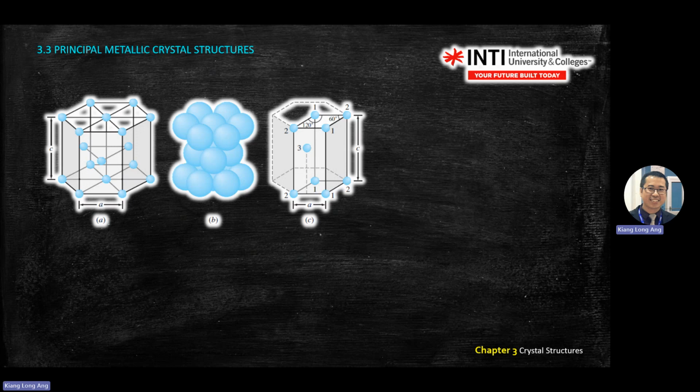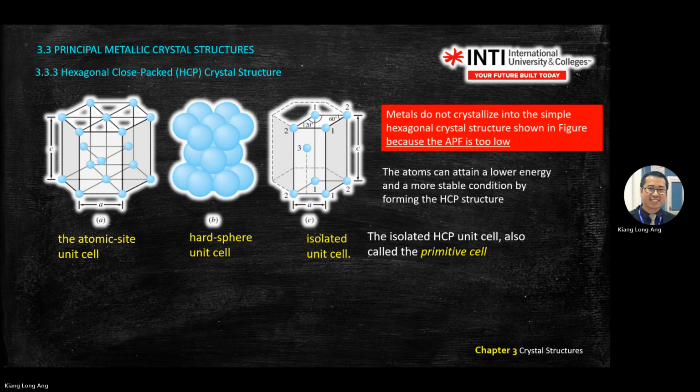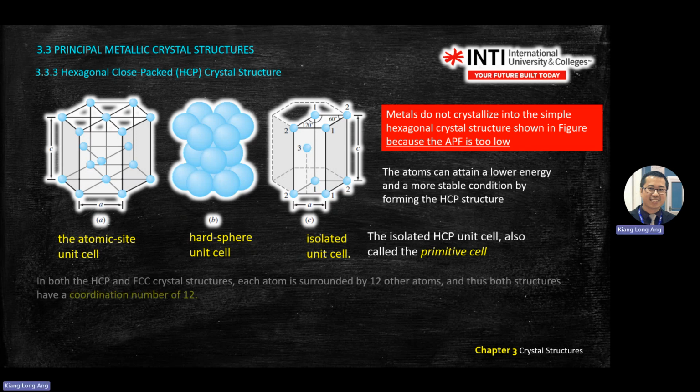Since they are isometric, meaning they are the same, we only analyze one of the parallelograms. Okay. Metals do not have this kind of hexagonal structure because the APF is too low for metal. But it can be for alloys.